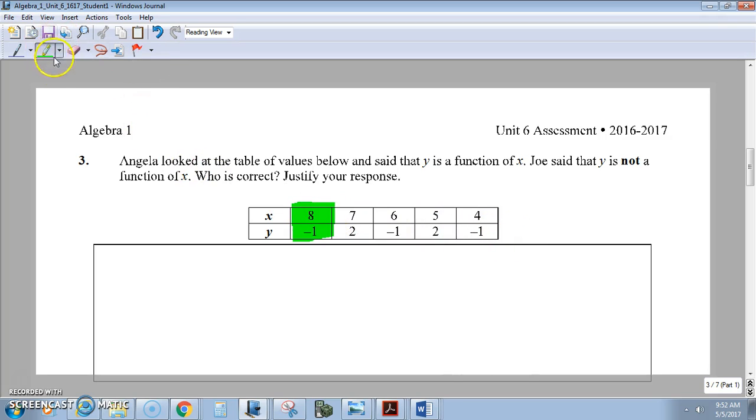So this is a function, but you may be saying, Ms. Bingley, what about all of these negative 1s, right? How can there be more? Well, I can go at 8 and get pretzels, and then I can go at 6 and get pretzels, and I can go at 4 and get pretzels. That's okay, all right?